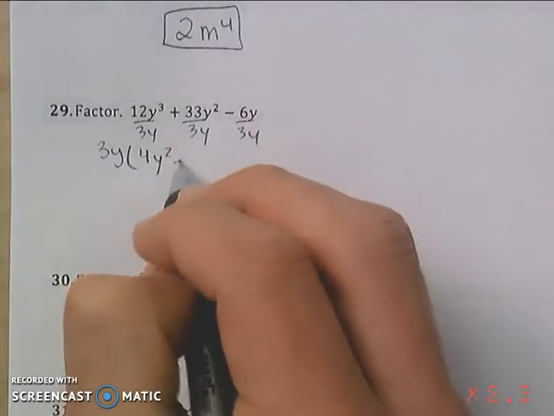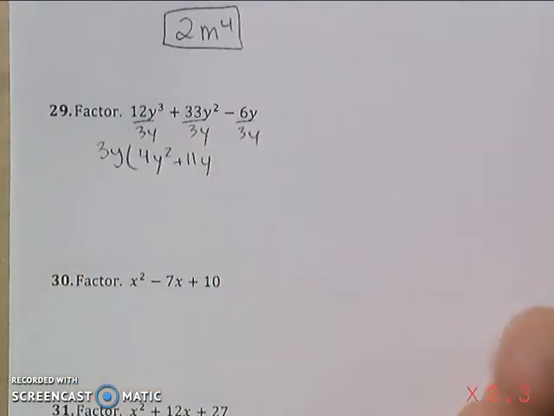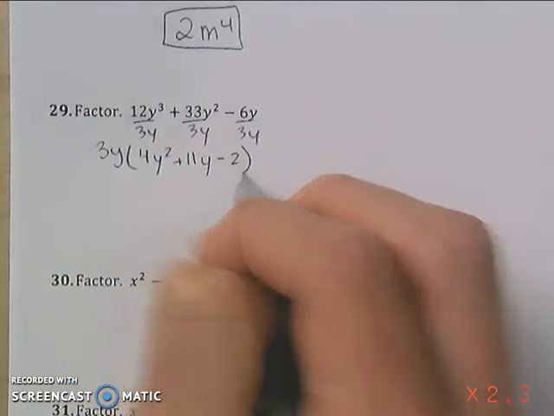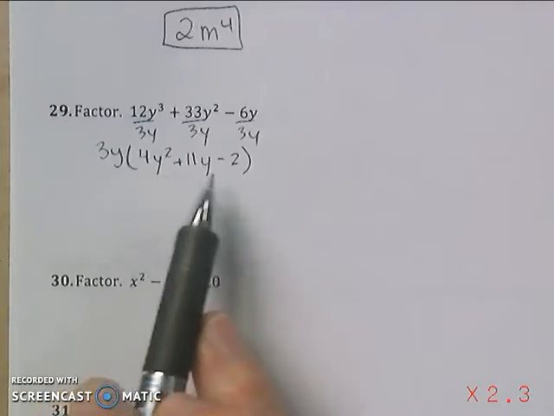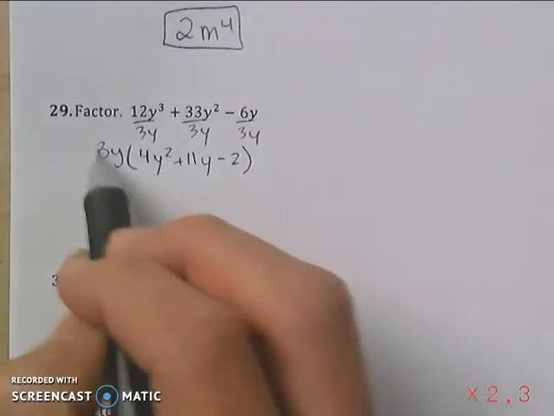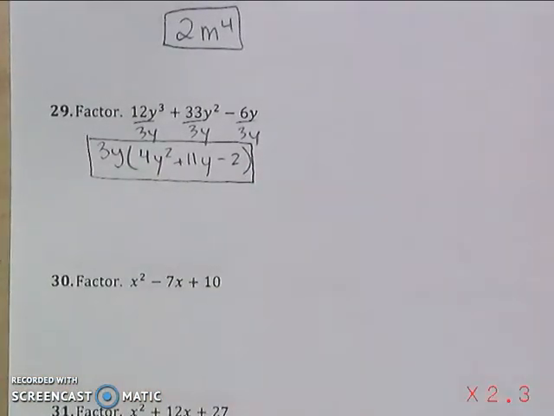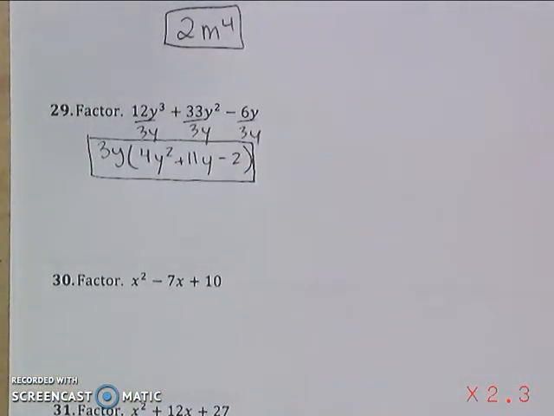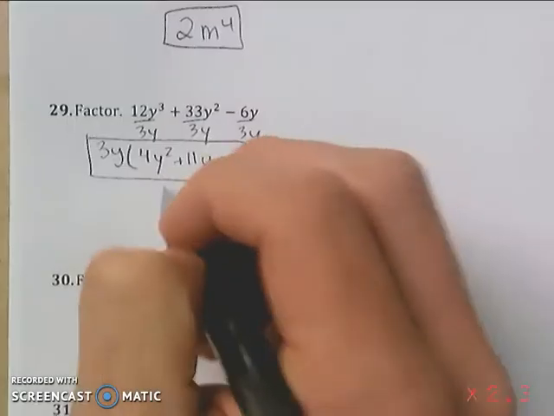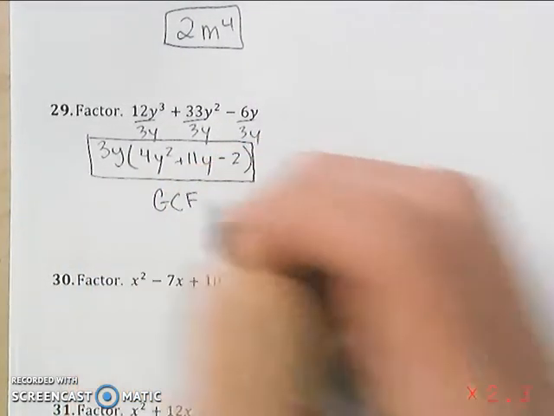Over here I'm going to get plus 11y, and over here I'm going to get minus 2. Does it look like I can pull anything else out of here? Negatory. So this is fully factored for what we want to do on that problem. We're just practicing pulling out a GCF. So this was GCF.